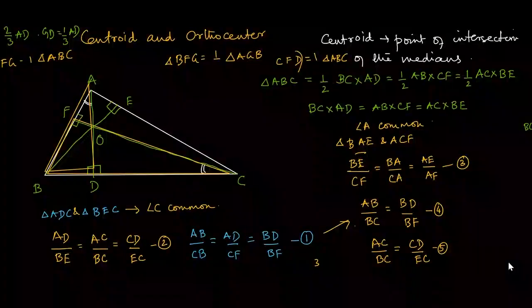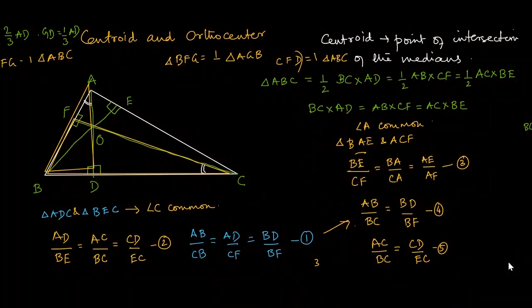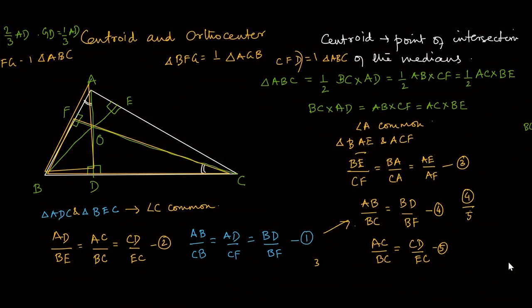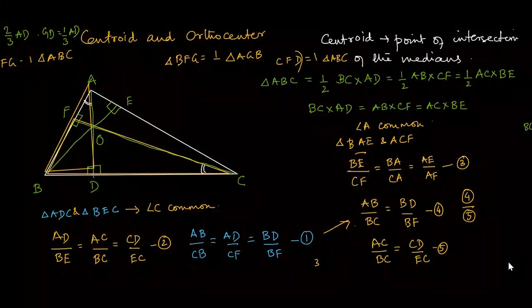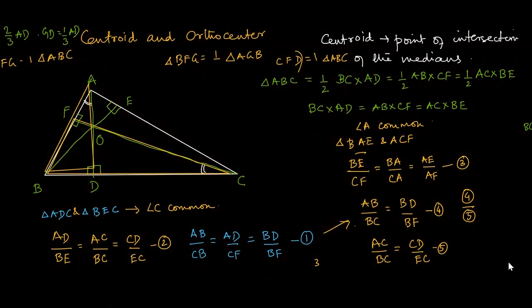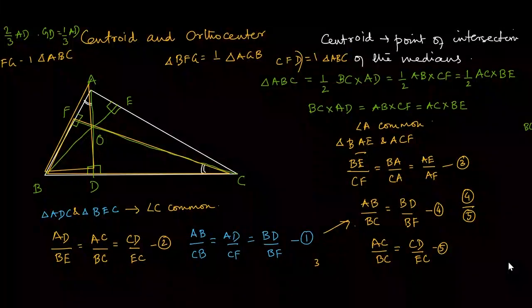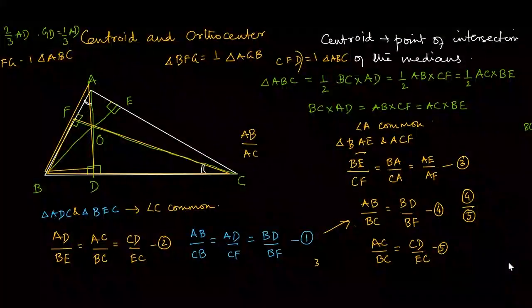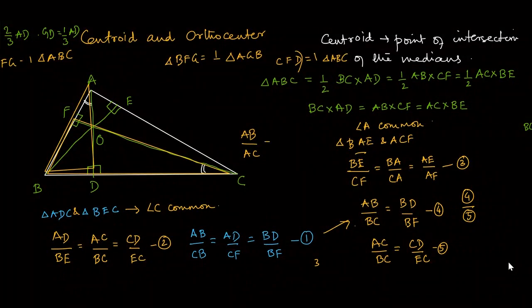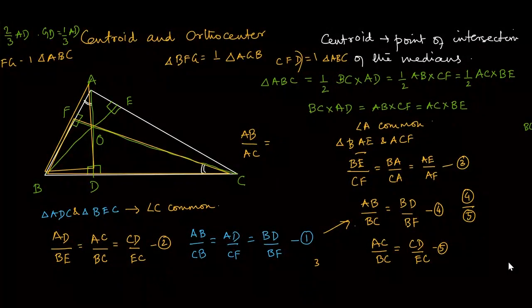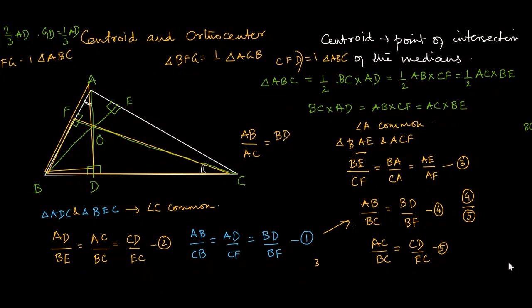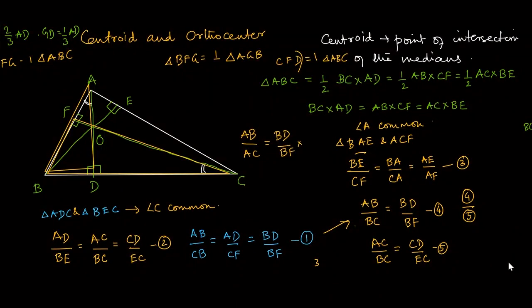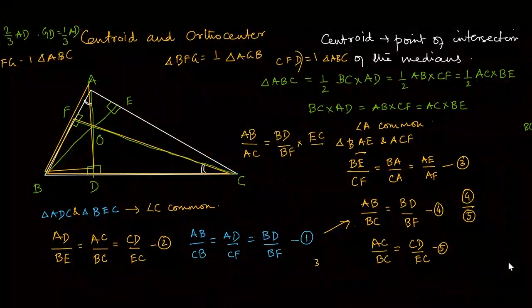So if I divide 4 by 5, what do I get? AB by AC is equal to BD by BF into EC by CD.